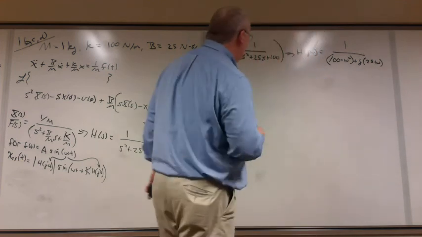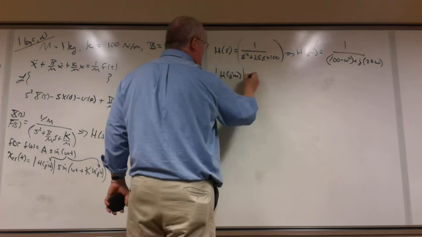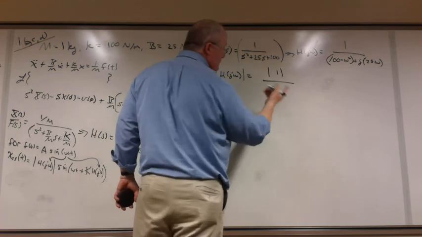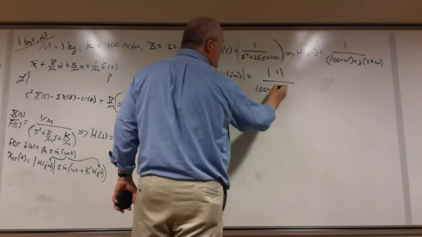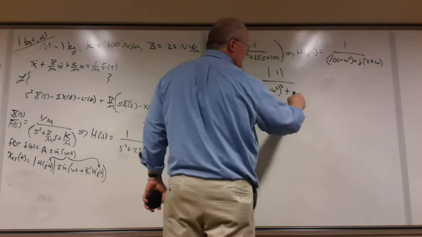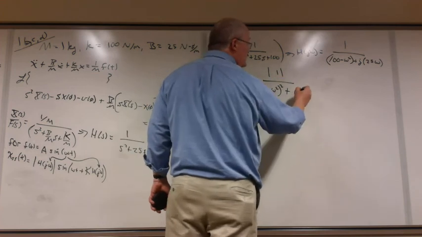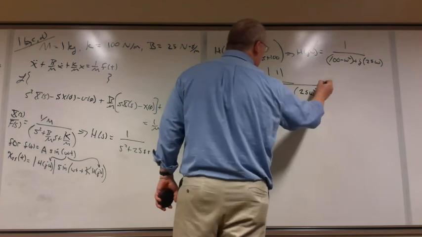All right? So the magnitude of h of j omega is equal to the magnitude of the numerator, which is 1, of course, over the square root of 100 minus omega squared, the real part squared, plus 25 omega squared.